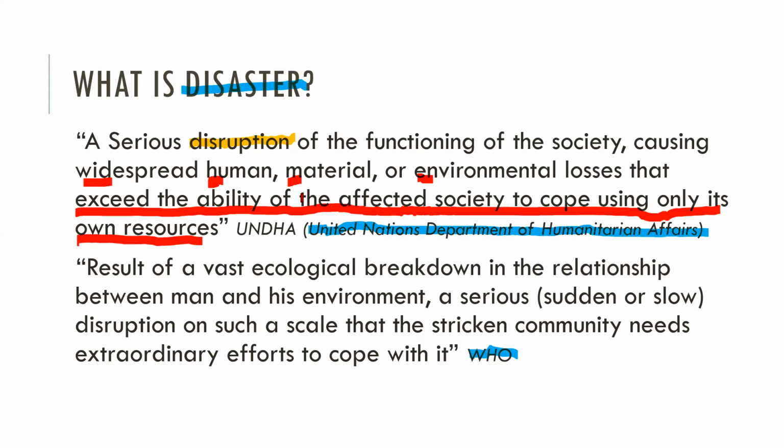Help came from even outside Egypt, from Algeria, from France, from the United States, from various European countries, because it caused material losses and human losses. No one knows exactly how many people died in this earthquake, but it was beyond the capacity of the Egyptian government to deal with it with its own resources. Then it is a disaster.